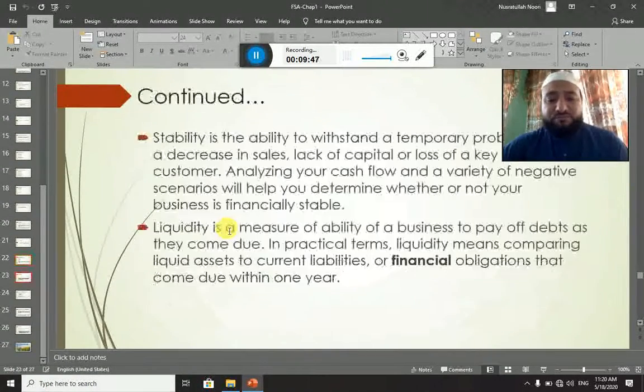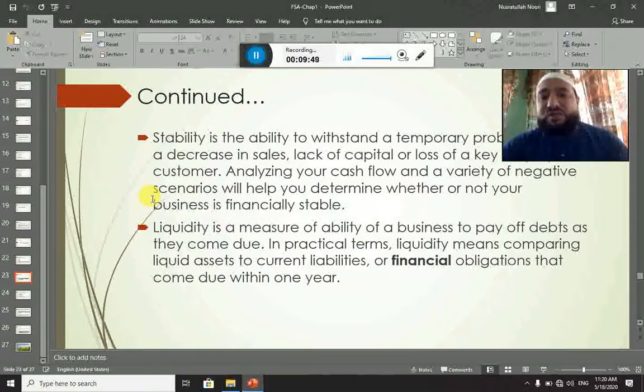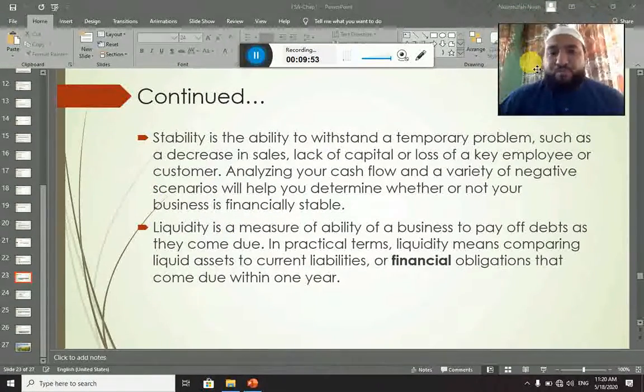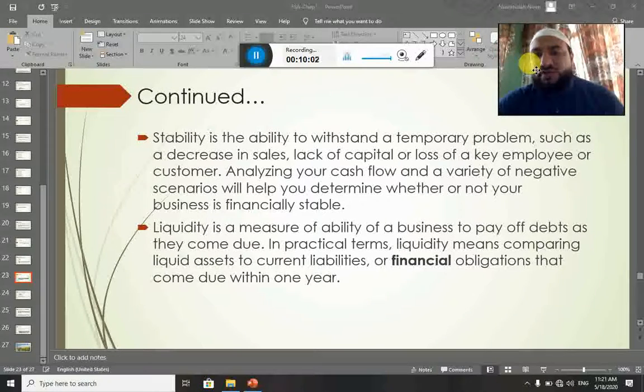Stability is the ability to withstand a temporary problem, such as a decrease in sales, lack of capital, or loss of a key employee or customer. Analyzing your cash flow and a variety of negative scenarios will help you determine whether or not your business is financially stable.